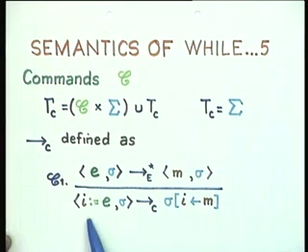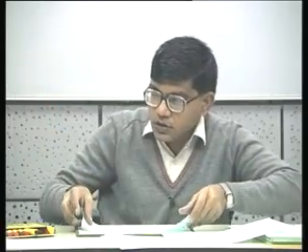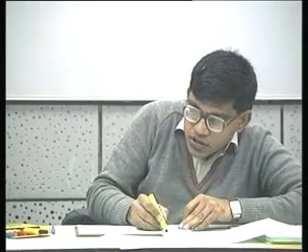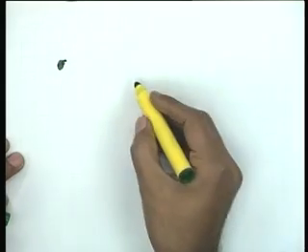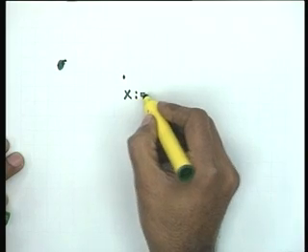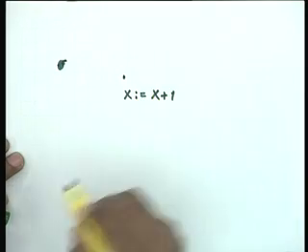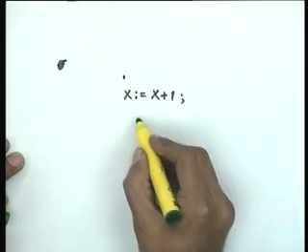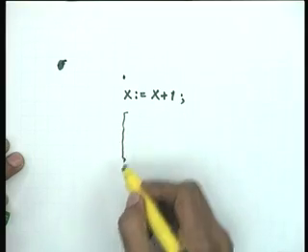For example, if you have a large command which is going to be evaluated starting from some initial state sigma naught, let's have some large command, maybe with some assignment here, and something else.